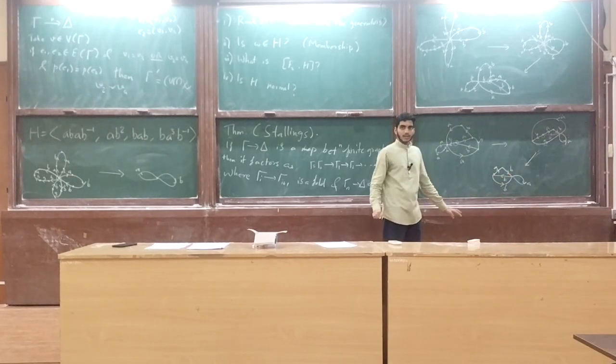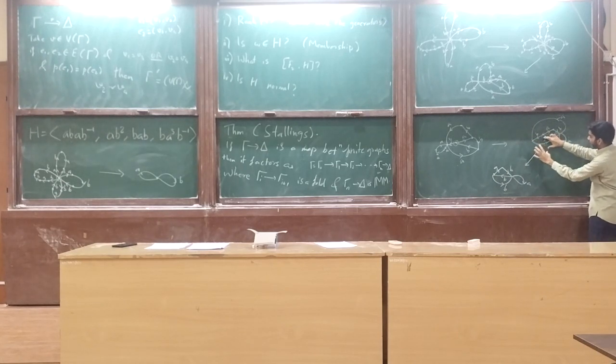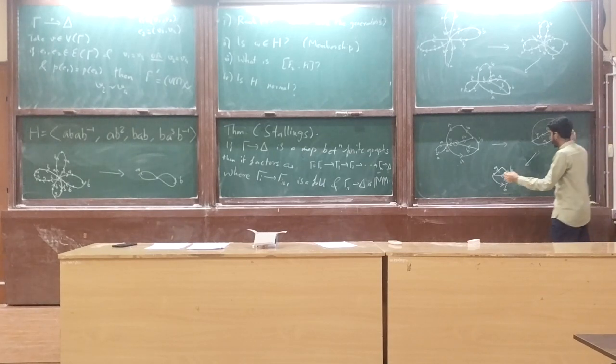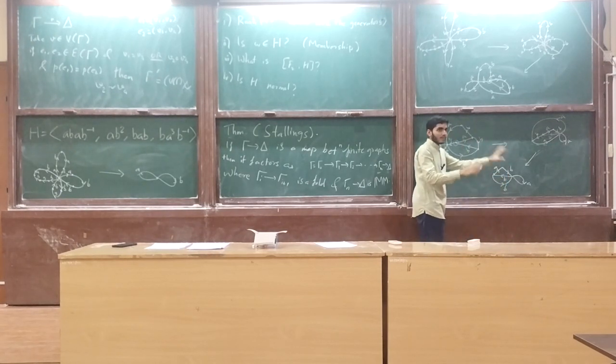Make sense? So now I've gotten this graph. What have I done? I have taken this A edge and identified it with this loop. That effectively brought this point here, making this one into another loop. And I had shown before that two loops can just get clubbed together. I don't care about those, right? So now I have this graph. Now we are at the last step.